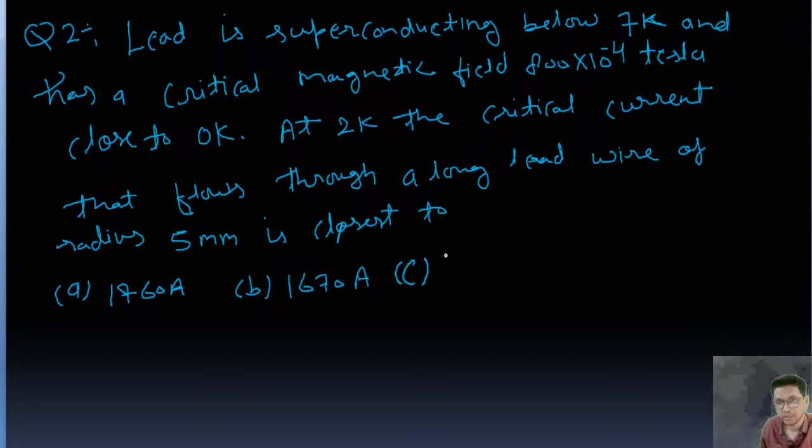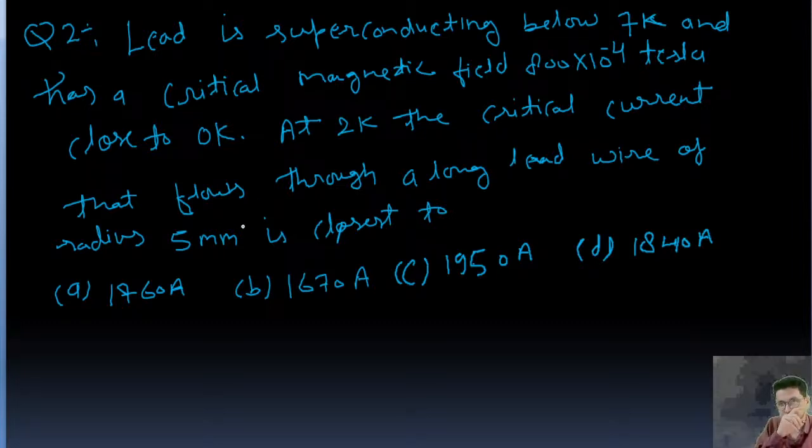Option C is 950 ampere, and option D is 1840 ampere. Okay, so this is the question.